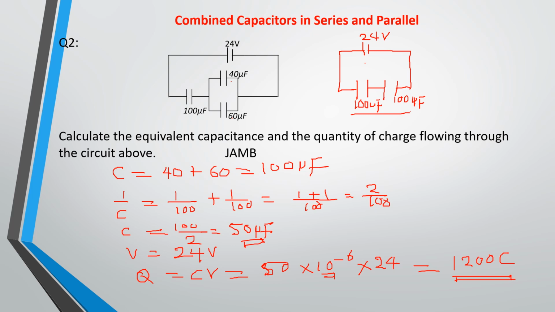So this is how to go about solving problems when you have combined capacitors in series and in parallel. I hope this one is also quite simple and you understood it. So that is question number 2 solved. We have other ones that we're also going to solve, so let's go.